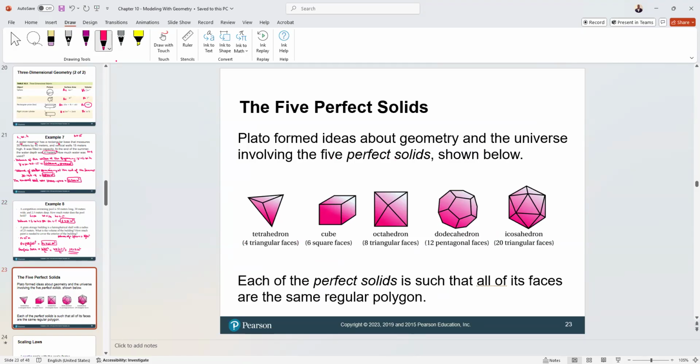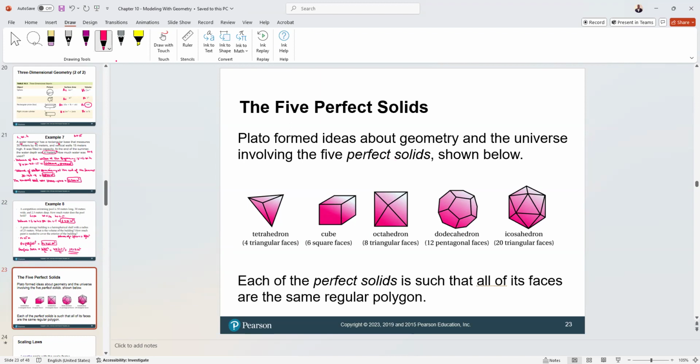Each of these perfect solids has the special property that all of its faces are the same regular polygon. Plato believed that four of the perfect solids represent the four elements that the Greeks thought made up the universe: the earth, water, fire, and air, right?